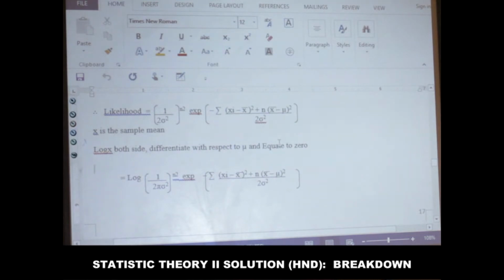Now we want to introduce log to both sides, so you insert log to both sides and you differentiate with respect to mean, and you also equate to 0.